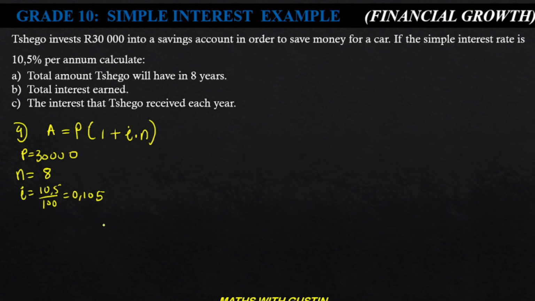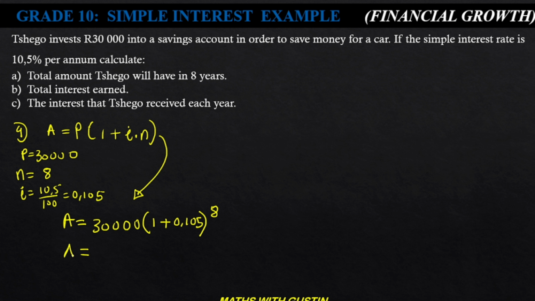With this we can substitute everything into our formula. It's going to be 30,000 times (1 plus 0.105 times 8), after 8 years.